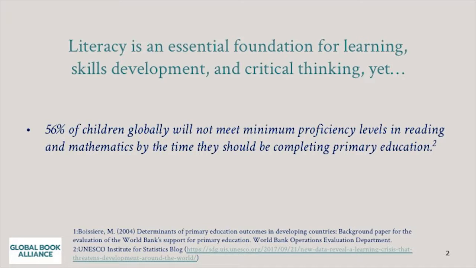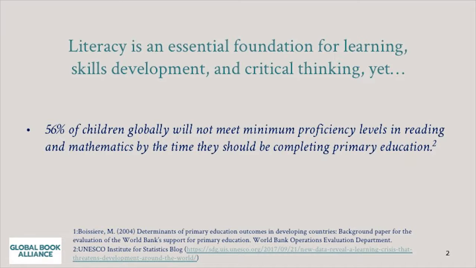One of the key reasons for this is the lack of reading materials and books. In order to learn, and to experience the joy of reading, children need quality materials and books, proper instruction, as well as practice and the support of their families and communities. They need this both in the classroom and at home.